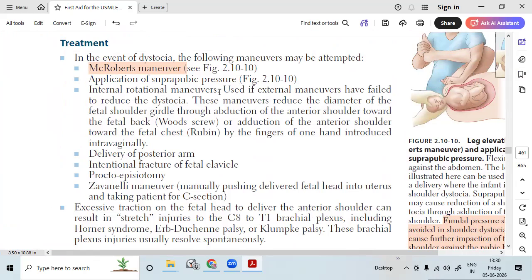Internal rotational maneuvers are applied if external maneuvers have failed to reduce the dystocia.